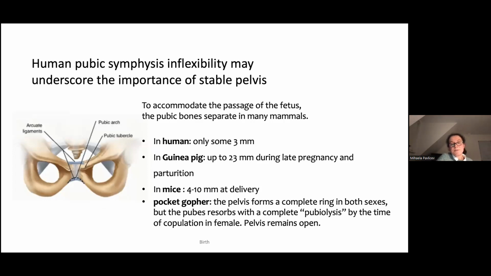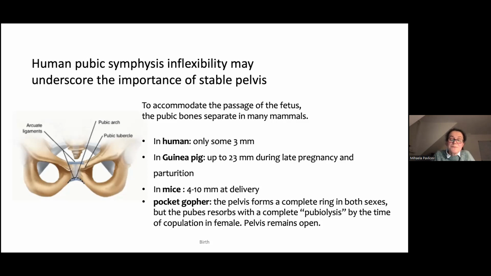Another thing that seems to support the importance of a really stable pelvis is the human pubic symphysis. We often talk about the human symphysis as a place that actually broadens the pelvis at the time of parturition or late pregnancy as well. But when we compare how much the pubic symphysis actually changes in humans with changes in other species, it suddenly appears that humans actually have a very, very sturdy symphysis.